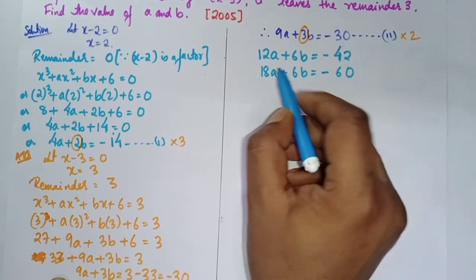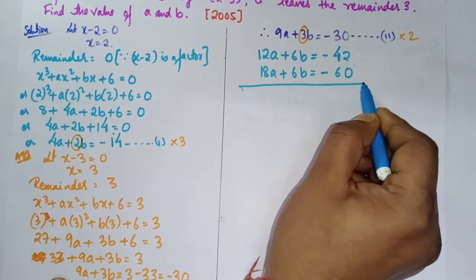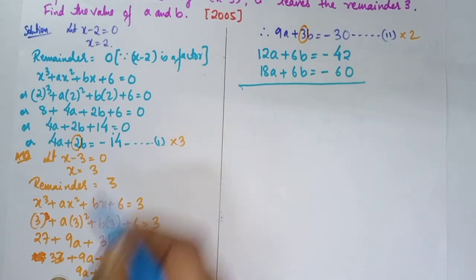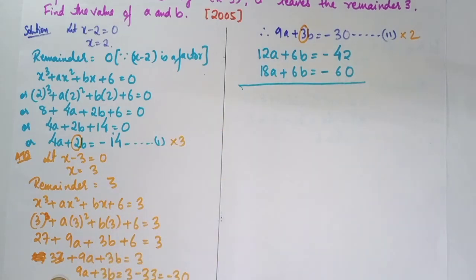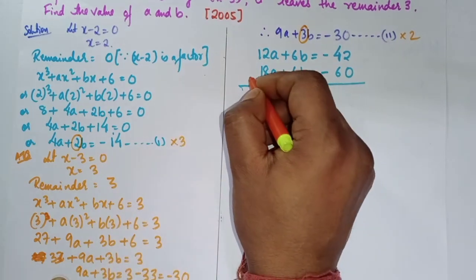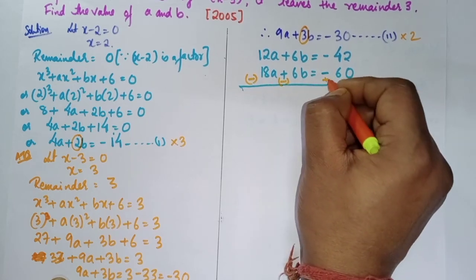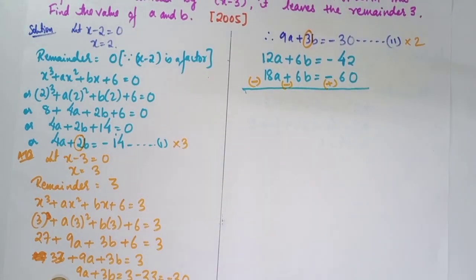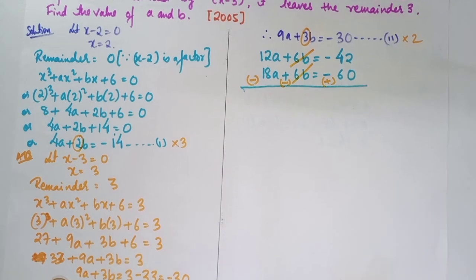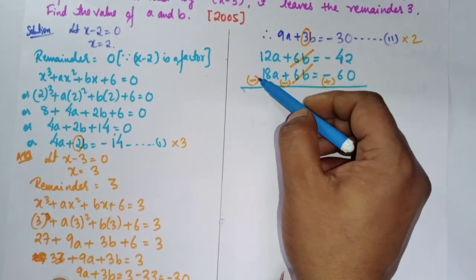Now you can see both coefficients of b are the same, so that's why we are multiplying by 3 and 2. Will it get cancelled? No, so we have to change the sign. Plus opposite will be minus, minus opposite will be plus. Now you can see 6b will get cancelled. That's why it is called the elimination method.